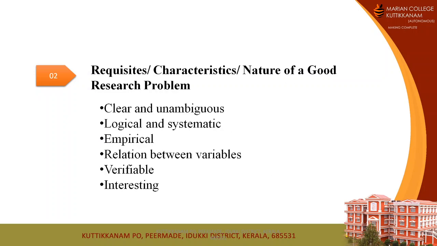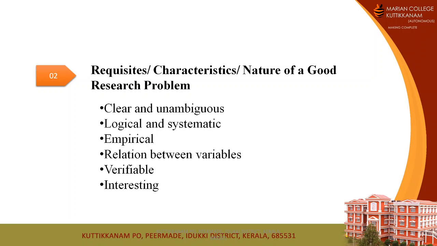Then what are the characteristics of a good research problem? The first one is that there should be clarity and no scope for ambiguity. The second one is that every research should be guided by logic and reasoning. The researcher must be able to establish the relationship in a logical manner.